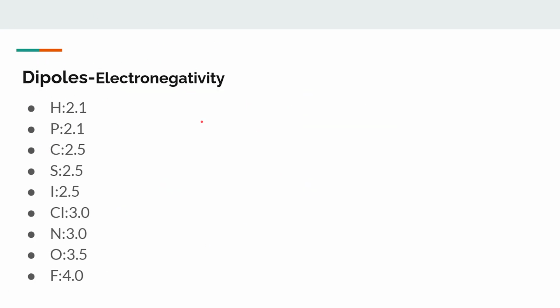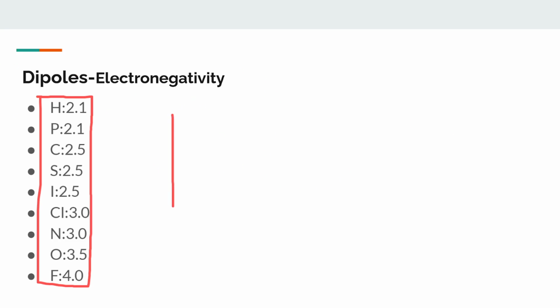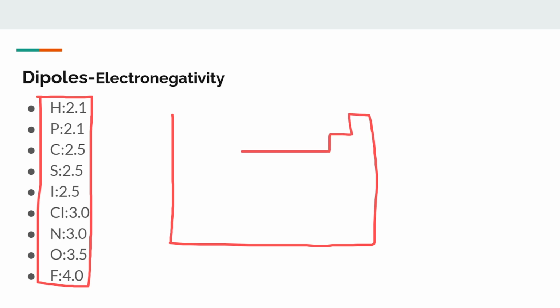And so figuring out the dipoles, we have our electronegativity chart. There is a way to figure out for one thing to be more electronegative than another. Sorry, I should have added a picture of a periodic table in here. Forgive me for not doing that.